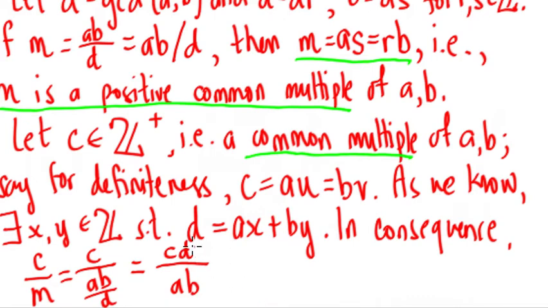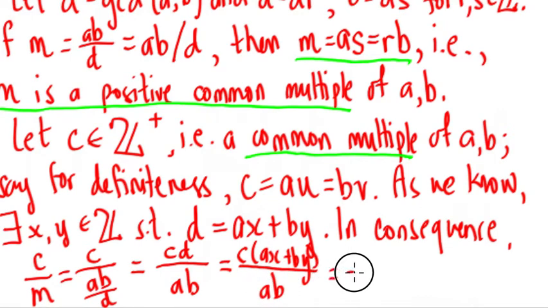Also, we know the value of D: D equals AX plus BY. So let's substitute that. C times (AX plus BY) all over AB. Now we want to distribute the C to all the parts of AX plus BY.